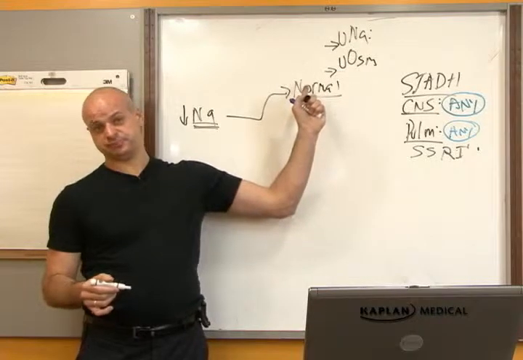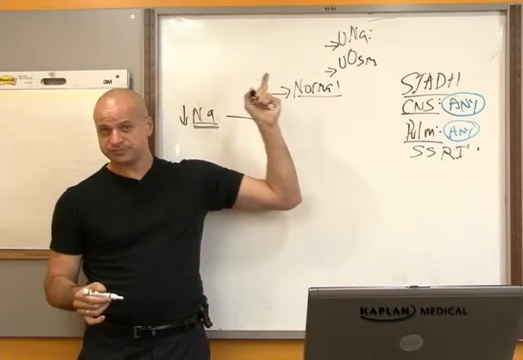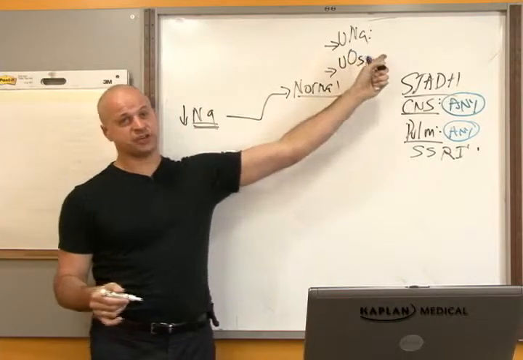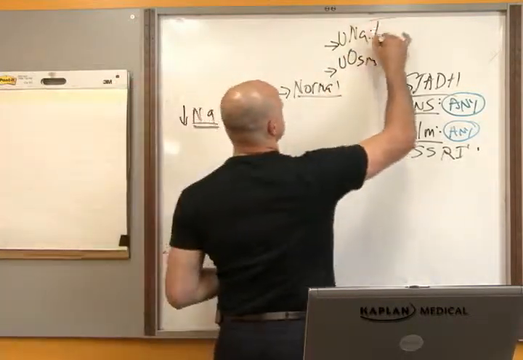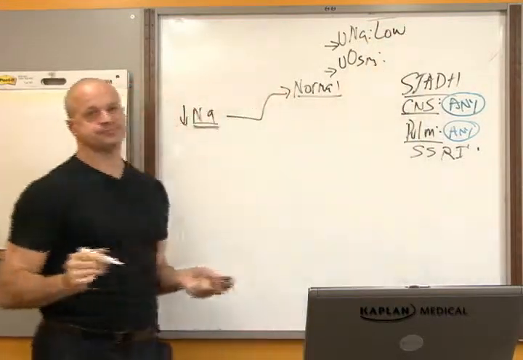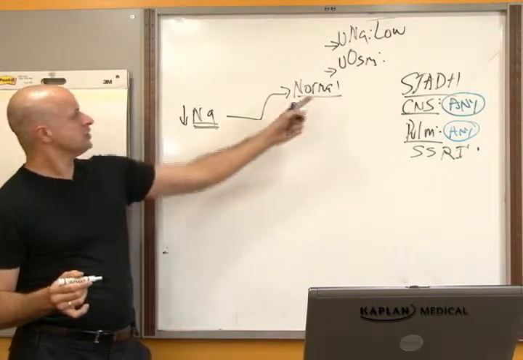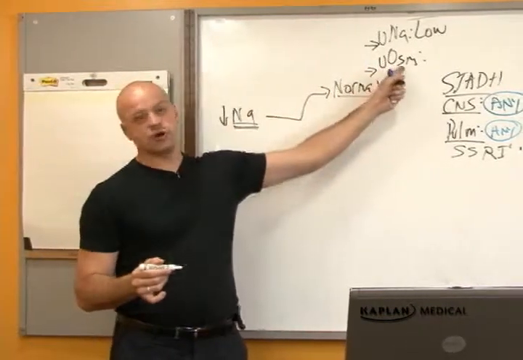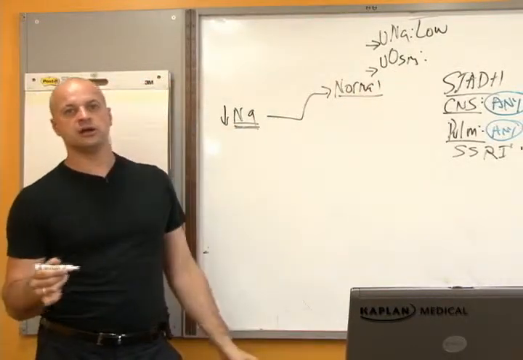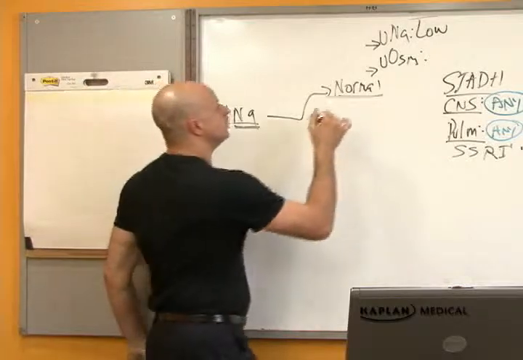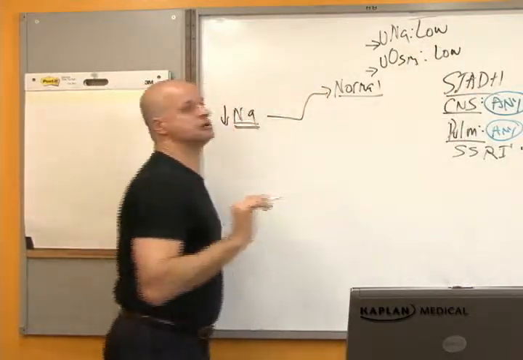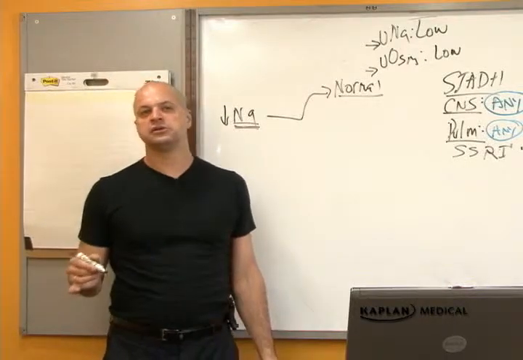The answer is, if I don't have sodium, I shouldn't be pissing it away. A normal person should make a low urine sodium. Low sodium, low osmolality.